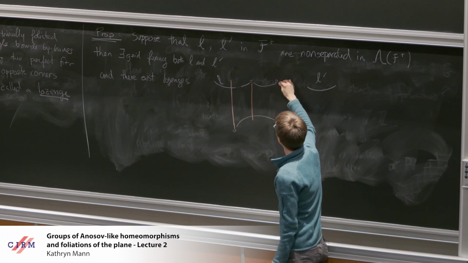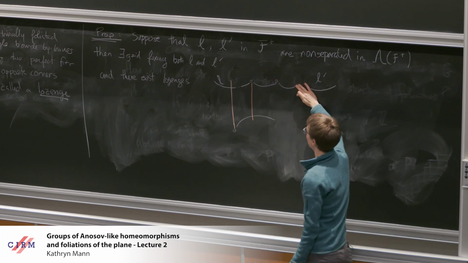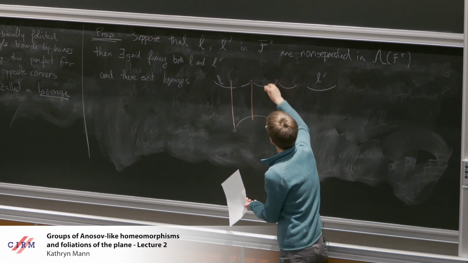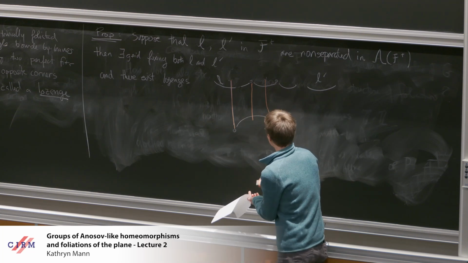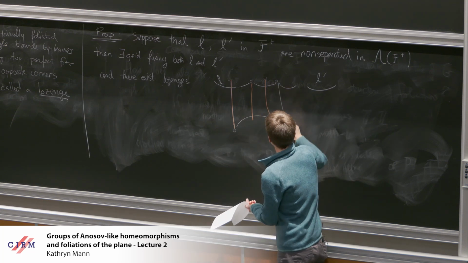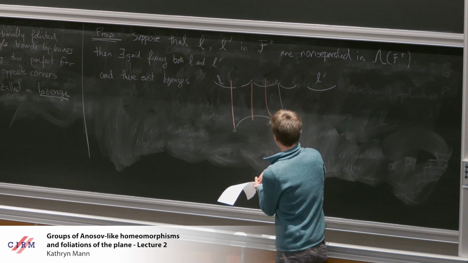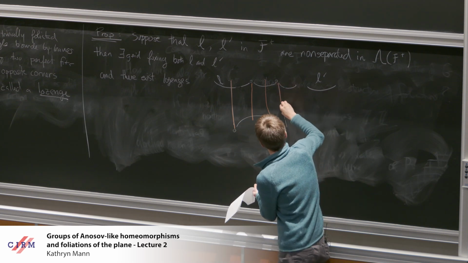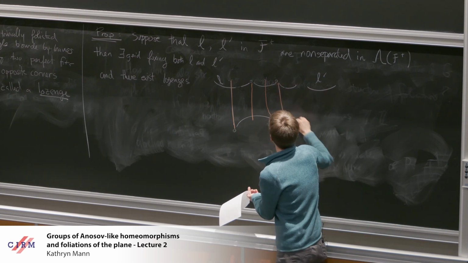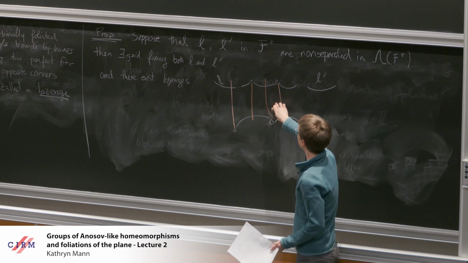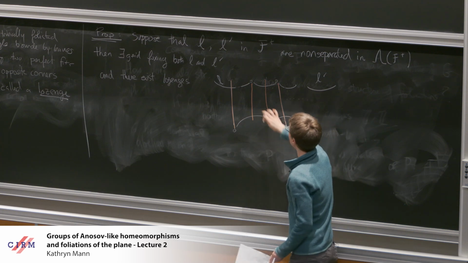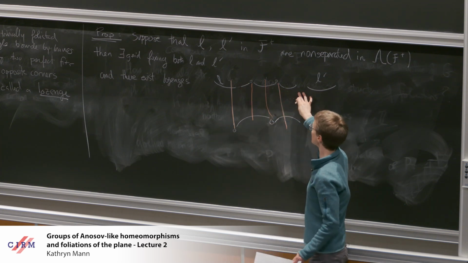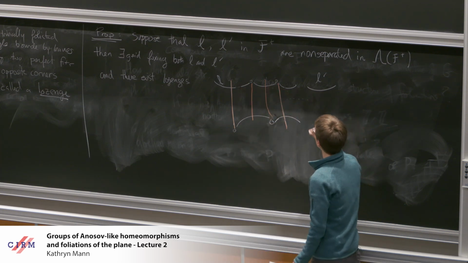Or I might have a larger finite collection, in which case I will see another couple of lozenges, and I get to a third non-separated leaf. This could be L prime, and I'm happy, or I could have n of these non-separated leaves in between, but always a finite number that eventually terminates.